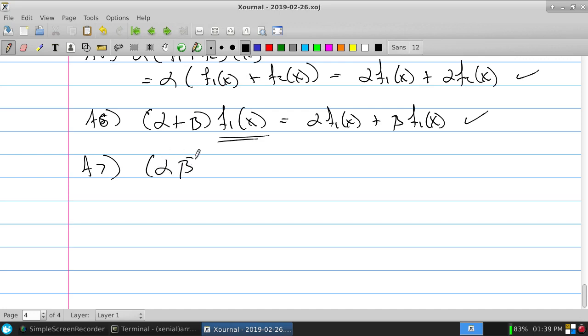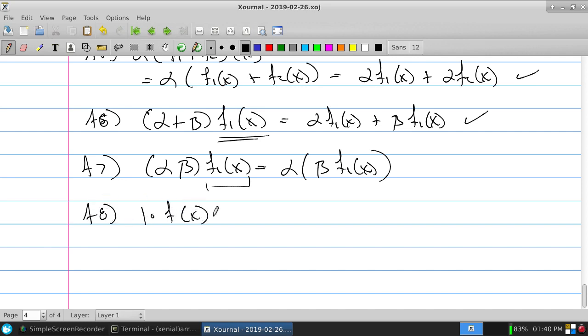Alpha beta f1 of x is going to be alpha beta f1 of x. Why? What's that? Real number, real number, real number, real number. Ah, the associative property of real numbers, we're good. Still works. And finally, A8. What's the number 1 times f of x? I'm pretty sure it's f of x. Woo! All right.